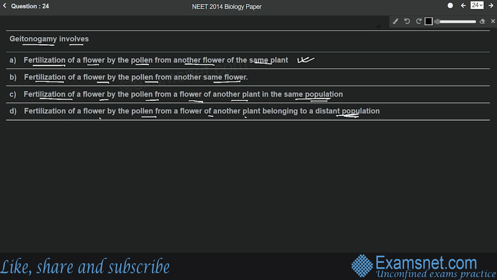of the same plant. Okay, so in case of Geitonogamy, the transfer of pollen takes place from anther of one flower to the stigma of another flower of the same plant.